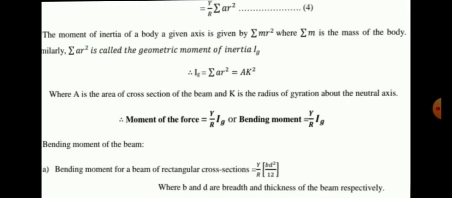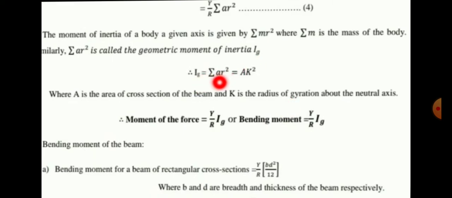Then equation number 4: the moment of inertia of a body about a given axis is given by summation of m r square. Moment of inertia is denoted as I. I is equal to summation of m r square, where m is the mass of the body. Similarly, summation of A r square is called the geometric moment of inertia Ig.